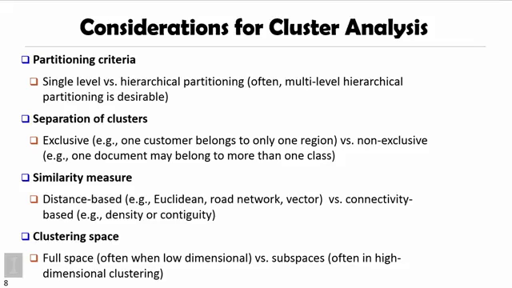However, in many high-dimensional clustering cases, it is hard to find meaningful clusters in a very high-dimensional space, but it is possible to find interesting clusters in the subspaces, for example, in the corresponding lower dimensional space. So subspace clustering also becomes very important.